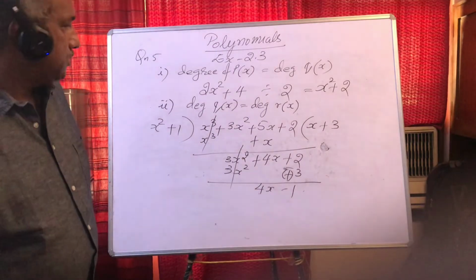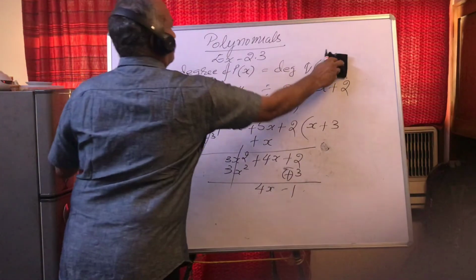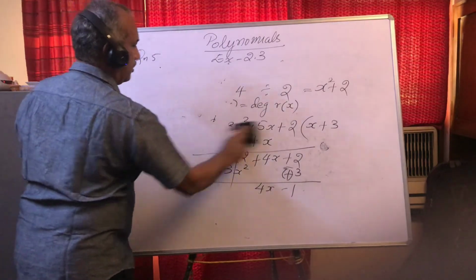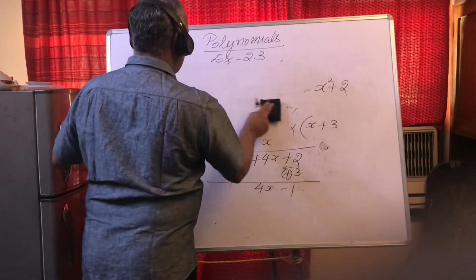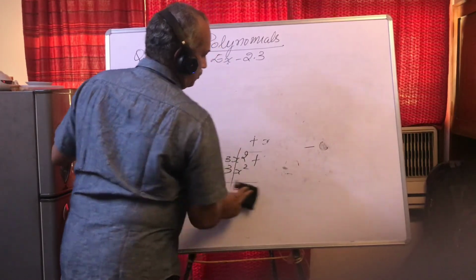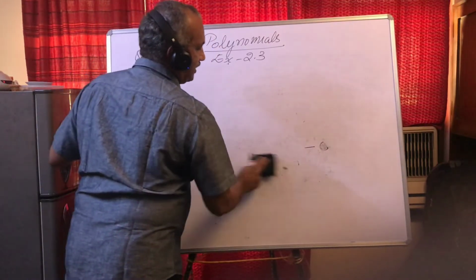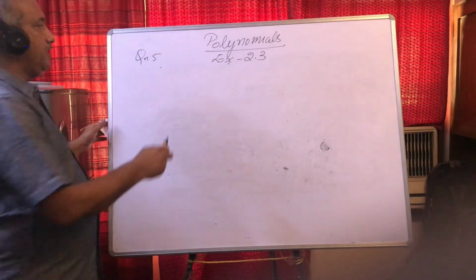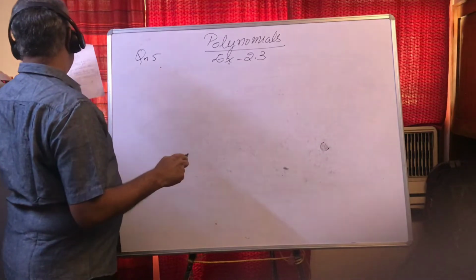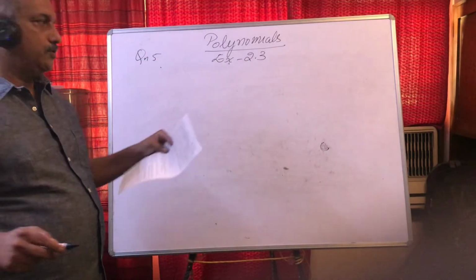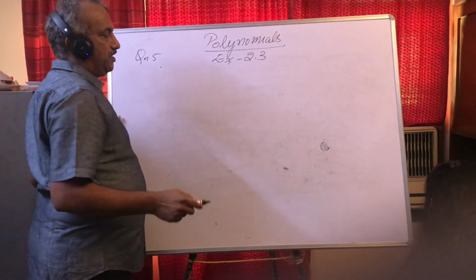Now one last part is there. In this case, you can take any quadratic polynomial and another one which is a factor. Here they are saying the degree of the remainder is equal to 0, so the degree of the remainder should be 0.